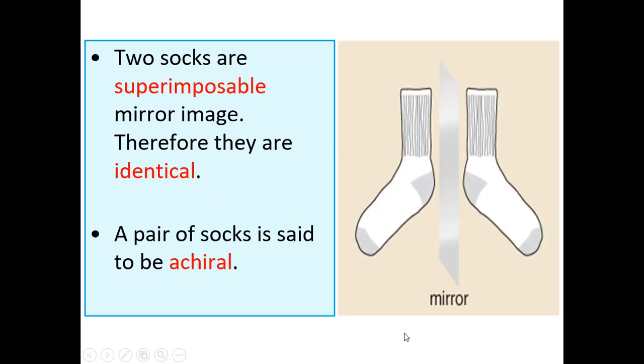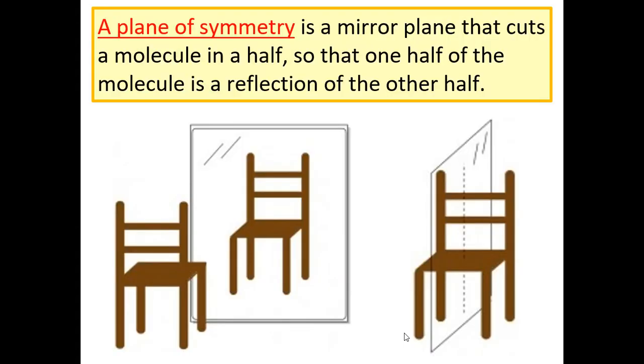For example, a pair of socks is said to be achiral, but a pair of gloves cannot. Two socks can be overlapped, right? Chiral ones cannot be overlapped.